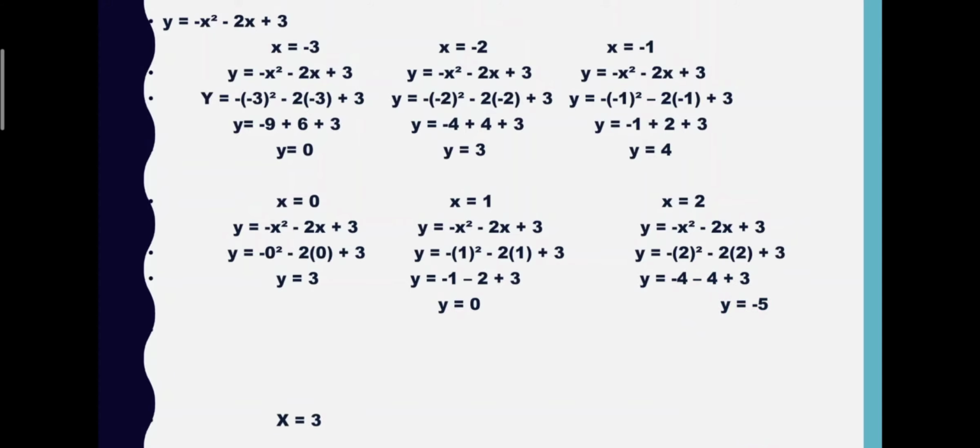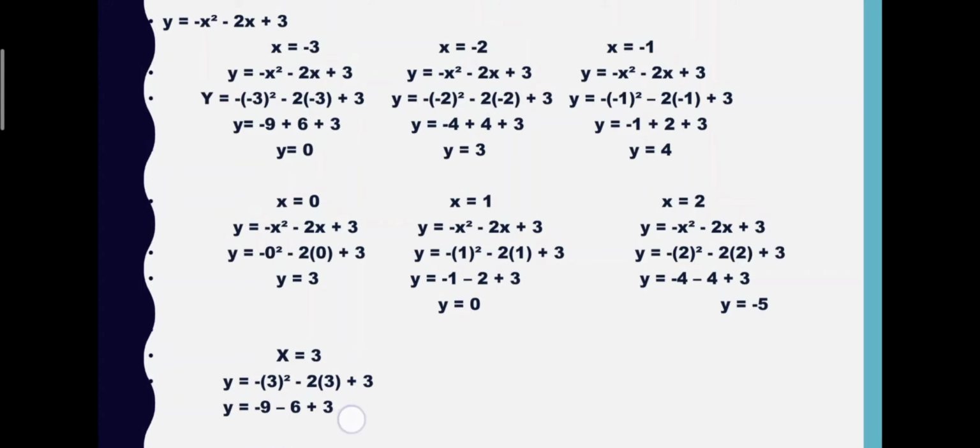Okay, last is x is equal to 3. So y is equal to negative times the quantity of 3 squared minus 2 times 3 plus 3. So, ano lang ha? Substitute lang din yung value ng x sa given na quadratic function. So, 3 squared is 3 times 3, 9. 9 times negative is negative 9, kaya naging negative 9.